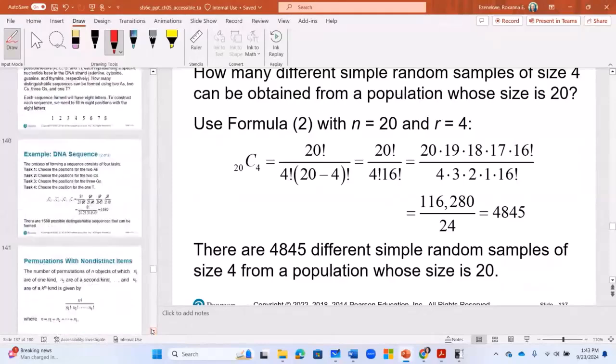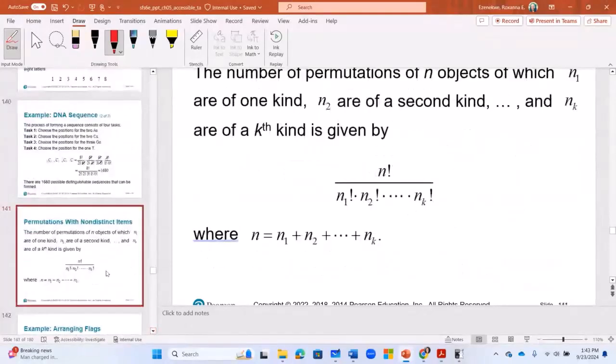Now we go to permutation, the next counting principle. There are 3 counting principles. Counting principle number 1 is factorial. We explained that. Counting principle number 2 is combination. Order is not important. We come to number 3, permutation.